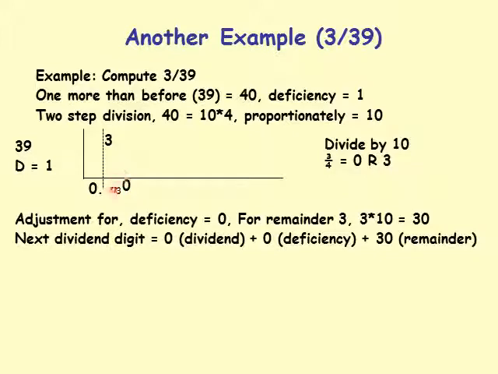My next working dividend is 30. How did we get that? We got 0 from the quotient and 3 from the remainder, and 3 was worth 30 from proportionality, so it goes to the left of 0. The 0 is a part of the answer.